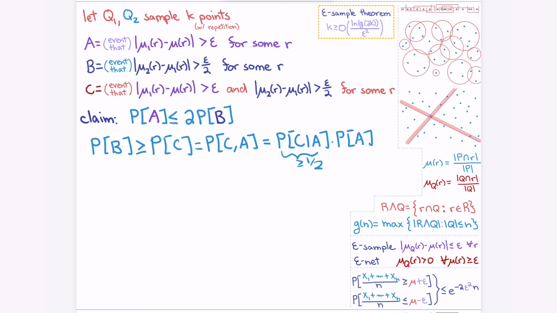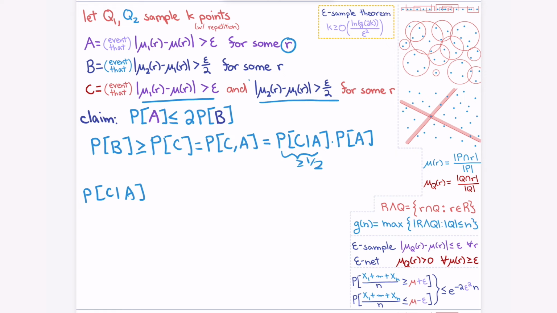Okay, so let's look at the probability of C given A. That means that there's some range R where the measure is off by epsilon. And now I want to say, what are the odds that mu2 and mu1 are off by epsilon over 2?